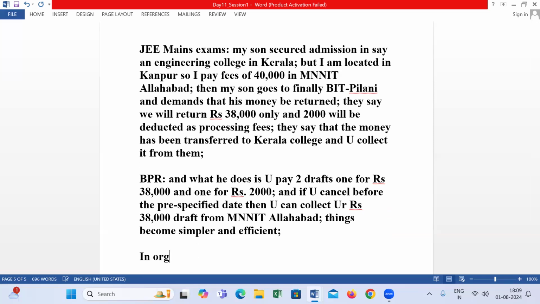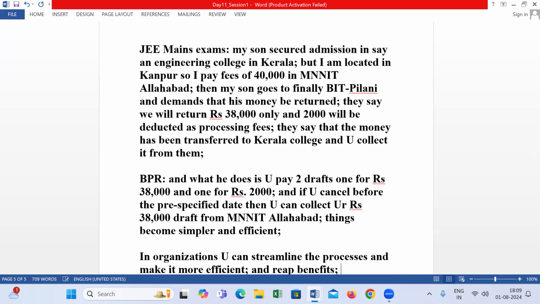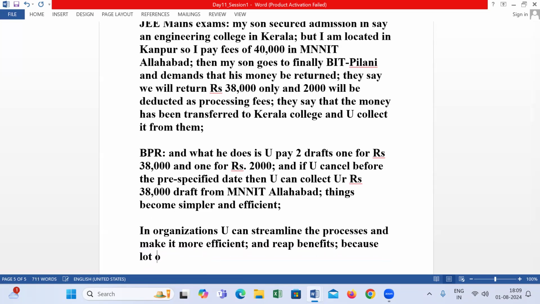So in organizations, you can streamline processes and make them more efficient, and the benefits are that a lot of organizational energy saved can be used somewhere else.